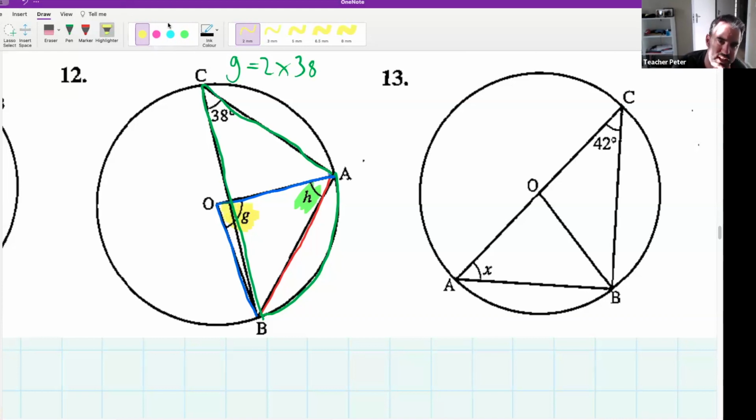So there's G, and there is that. And so that is equal to 76. Give me a thumbs up or an 8 out of 10 or something if you got that, if you could see that G is 76.